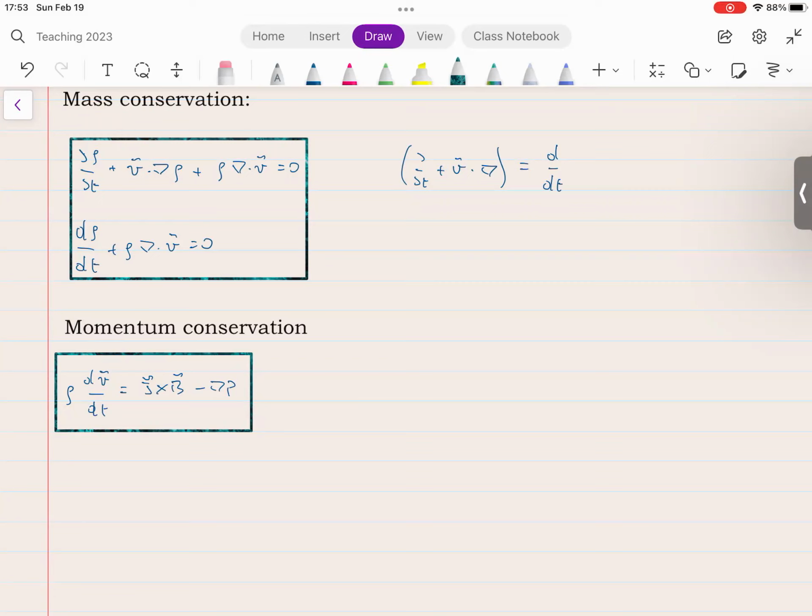I'm not going to get any further. There are actually two more things that we will need to do, but maybe we'll get there once we come to the use of these equations. We'll just do what we need then.